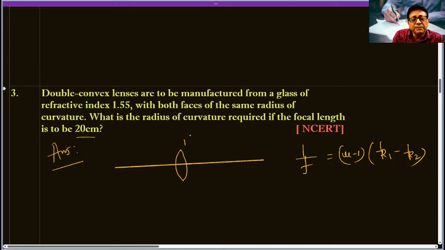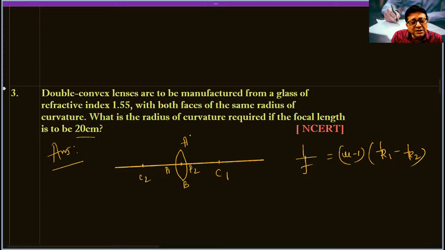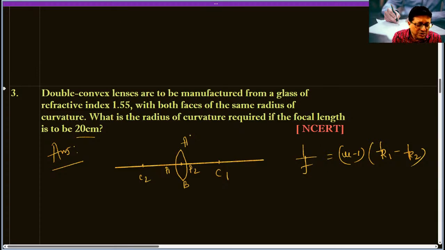Now you know this is made of two surfaces. For AP1B, the center of curvature lies here. For AP2B, and it is a thin lens. So diameter is not going to irritate you. But in some HC Verma or Irodov problems, the diameter is a problem. That I will discuss not today. Today only textbook sums.